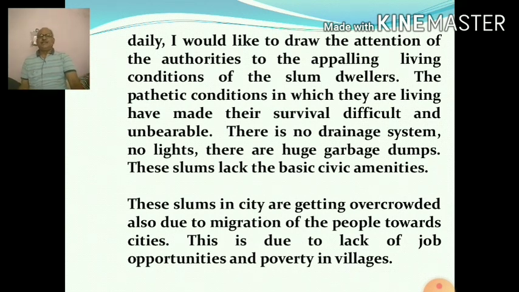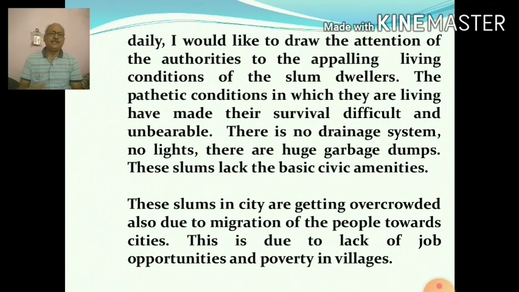So the first line is mentioned here: through the esteemed column of your widely circulated daily, I would like to draw the attention of the authorities to the appalling living conditions of the slum dwellers.